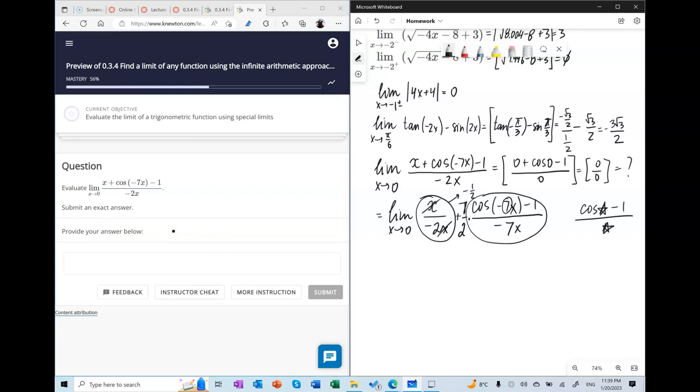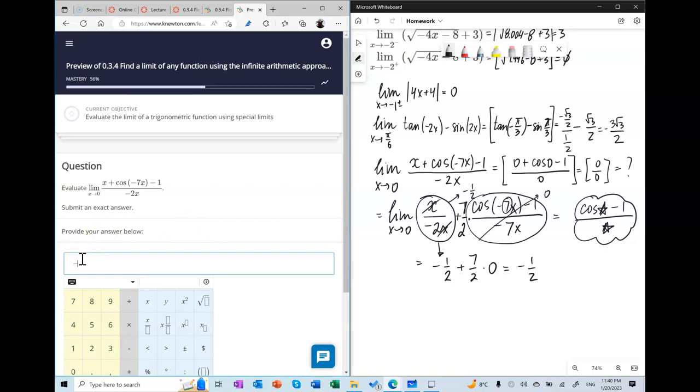Now that we have a perfect match between what's inside of the cosine in the numerator and what's in the denominator, we know that this whole expression goes to 0 because now we use the special limit. So the final answer would be what? This part went to -1/2, and this part went to 7/2 times 0, which is still 0. So the final answer is -1/2.